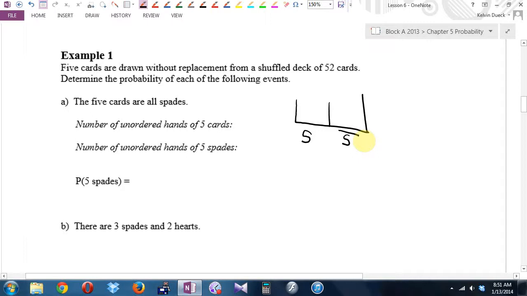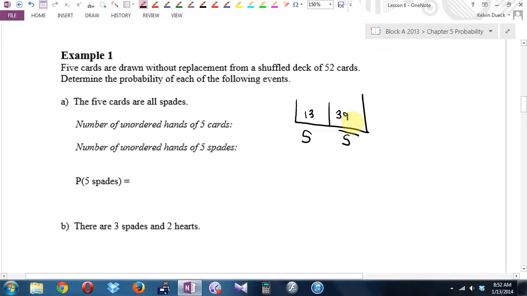How many spades are in the deck? 13. So how many non-spades are in the deck? Use the complement. How many? 39? It's a nice review coming back to us.